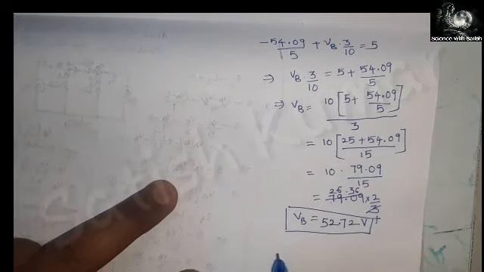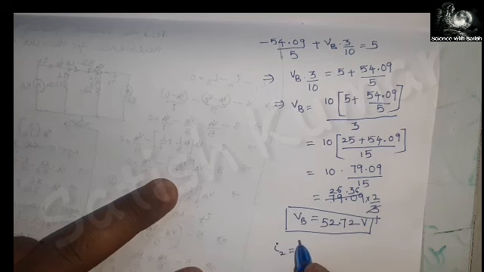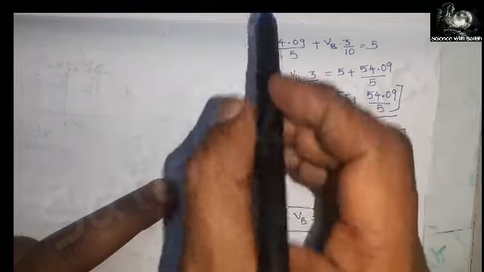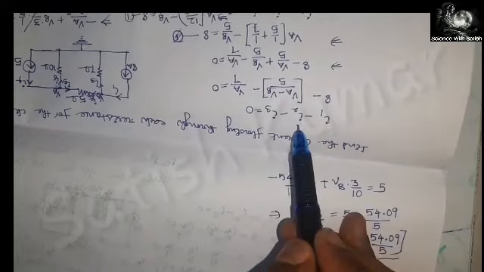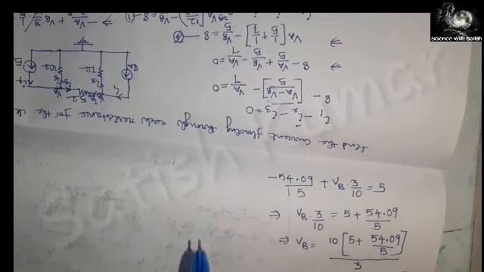So now you can calculate I2. What is I2? I2 is nothing but VA minus VB by 5. So from the equation, I2 is equal to VA minus VB by 5.